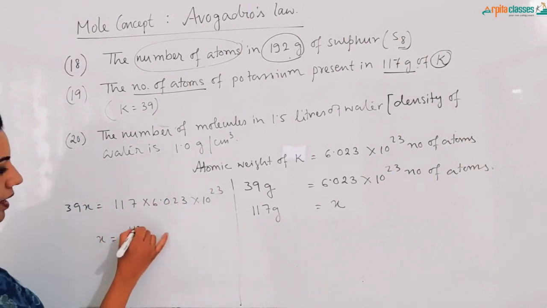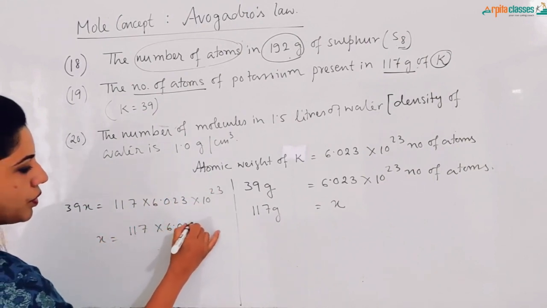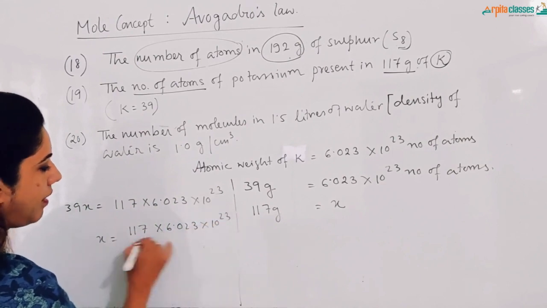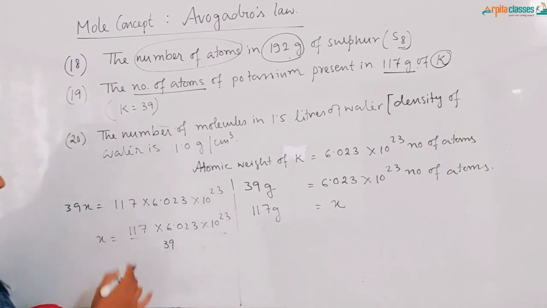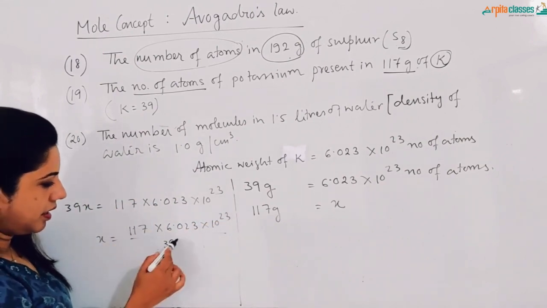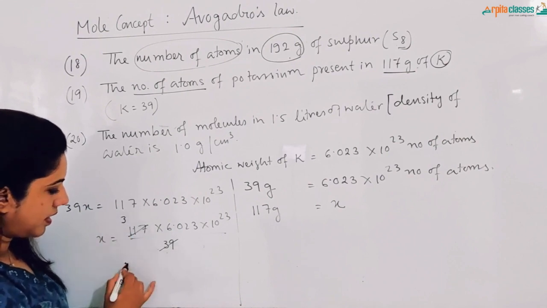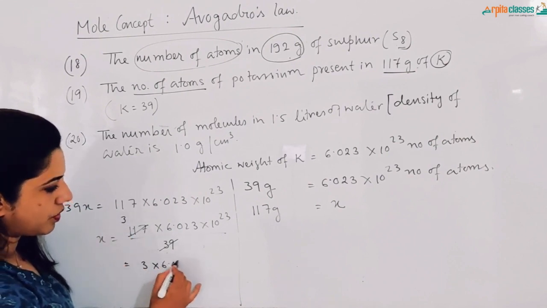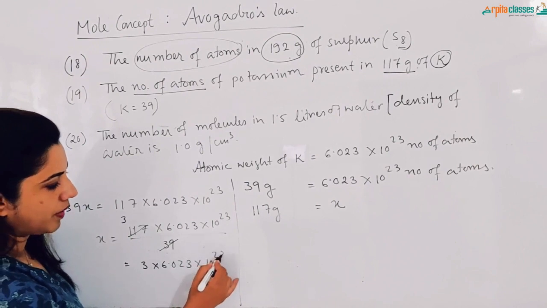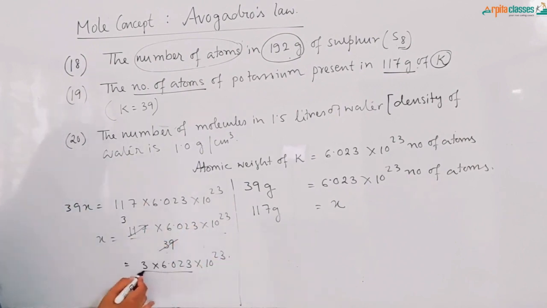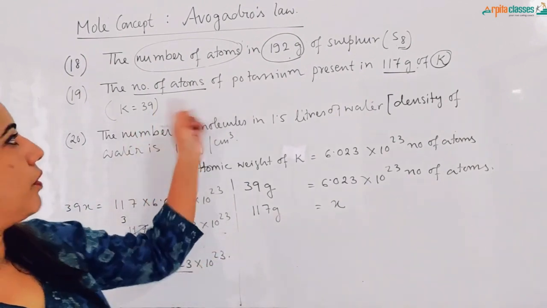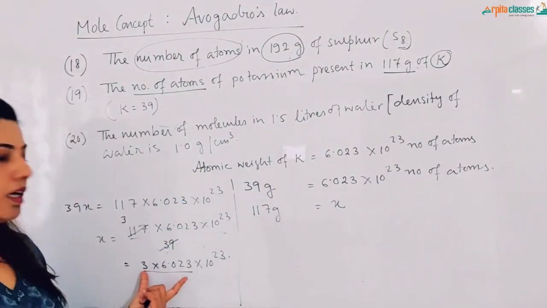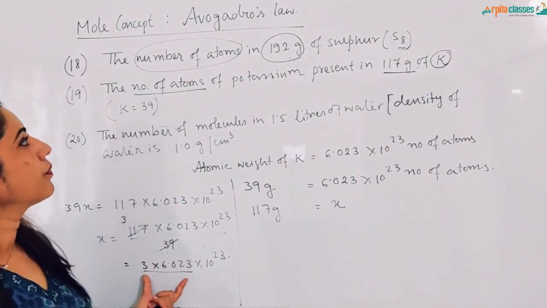Therefore x is equal to 117 into 6.023 into 10 raised to power 23 divided by 39. 39 into 3 will give you 117. So it is coming 3 into 6.023 into 10 raised to power 23. So when we multiply these two, we get the answer. They are asking for the number of atoms. So this many number of atoms is the answer.